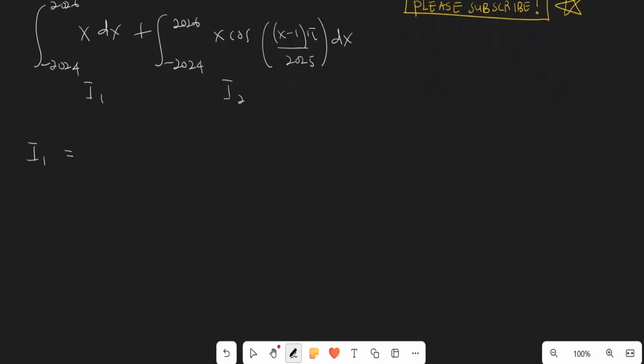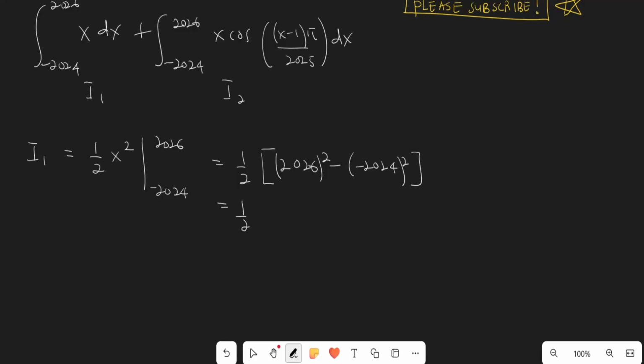Let's finish integral 1 off. I1 is going to be the integral, and this one we can integrate. That will be 1 half x squared, integrating from negative 2024 to 2026. Plug in your upper limit: 1 half times 2026 squared minus negative 2024 squared.